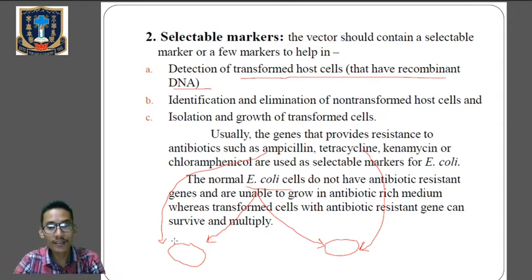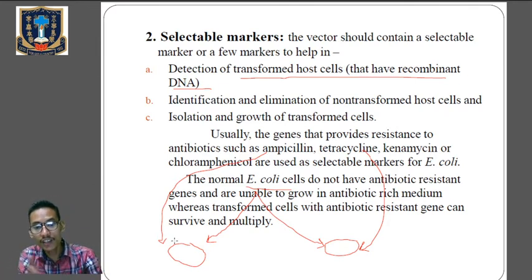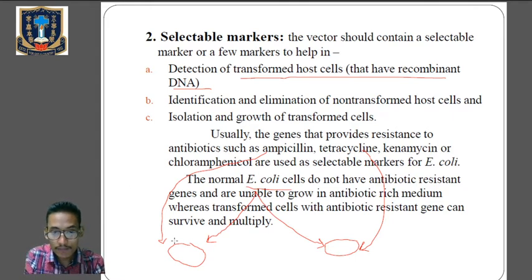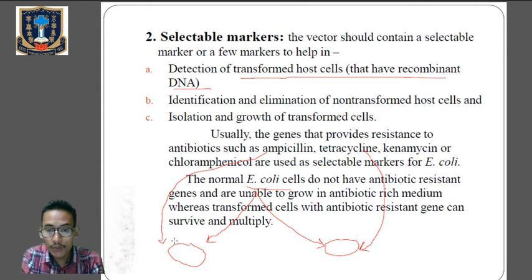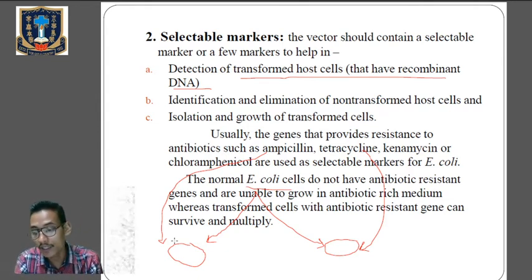Why? Because it does not contain the tetracycline resistance gene. It only contains the ampicillin resistance gene. Okay, so in this way the transformed cells will be able to survive and multiply when we modify the host cells by the technique of recombinant DNA technology.